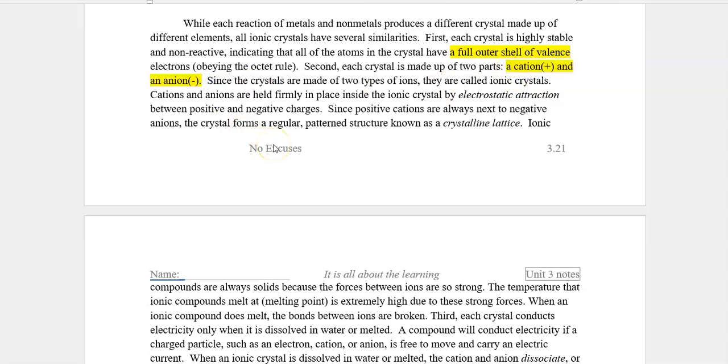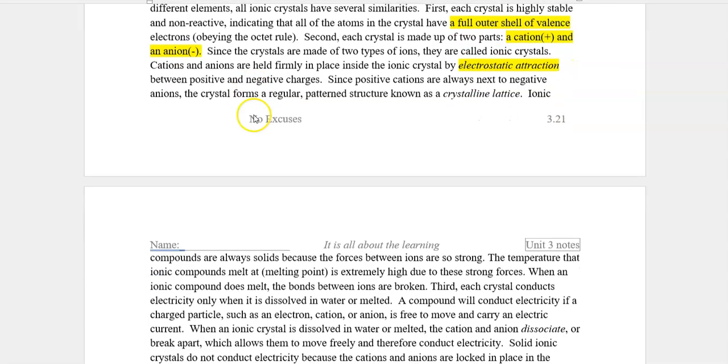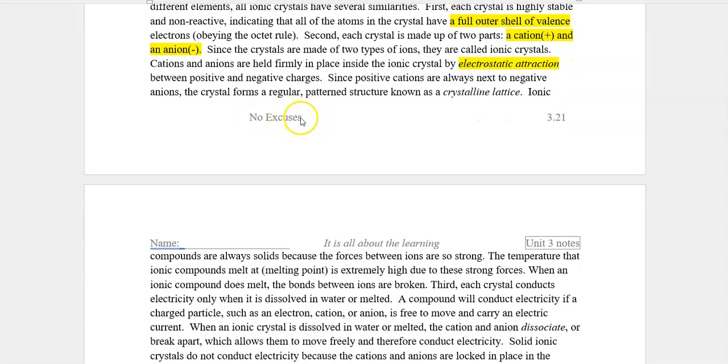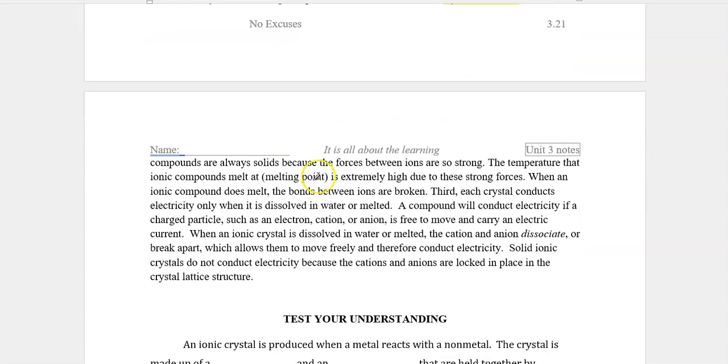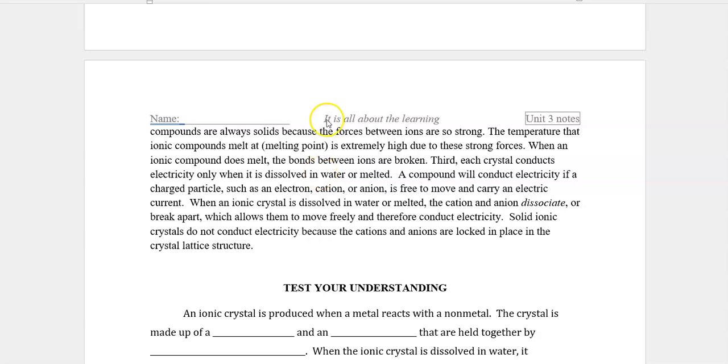Since the crystals are made of two types of ions, they are called ionic crystals. Cations and anions are held firmly in place inside the ionic crystal by electrostatic attraction between positive and negative charges. Since positive cations are always next to negative anions, the crystal forms a regular pattern structure known as a crystalline lattice. Ionic compounds are always solids because the forces between ions are so strong.